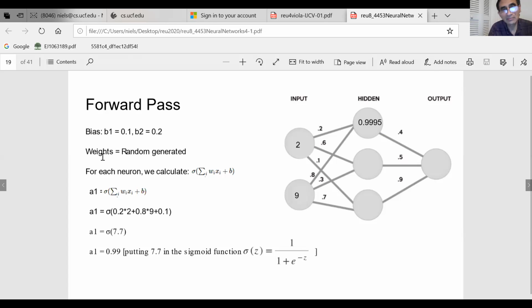So we start with some randomly generated weights: 0.2, 0.6, 0.1, 0.8, 0.3, 0.7, and so on. We go through the first calculation, and that comes up with this number, 7.7. We feed that 7.7 into the sigmoid calculation. The sigmoid calculation was the one that looks like this, right?